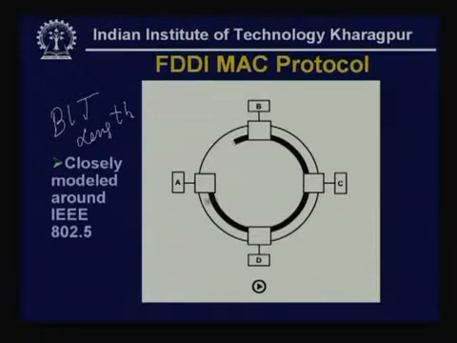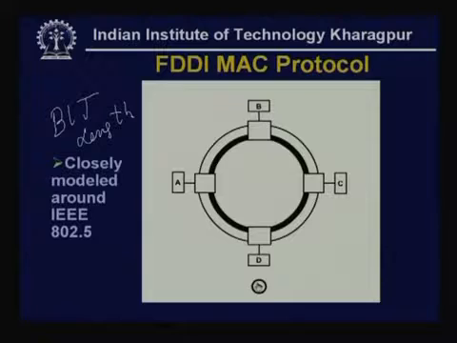As a consequence, this station will receive the leading edge, it will consume it, and after the transmission of this frame is over, it will start a packet. That means always there is some data on the ring. After the transmission is over and the data packet is removed by the transmitter, a token is introduced into the ring. So, this is how it happens in case of normal token ring.